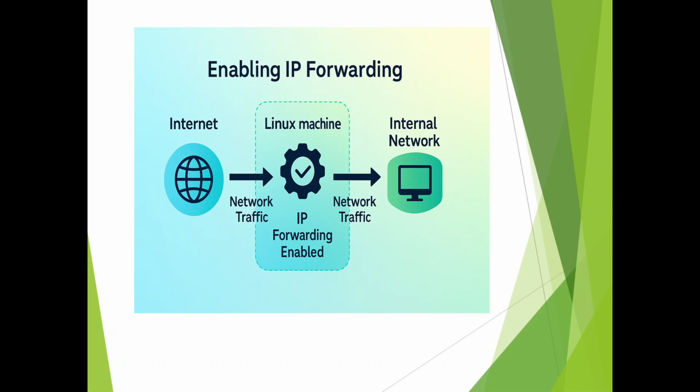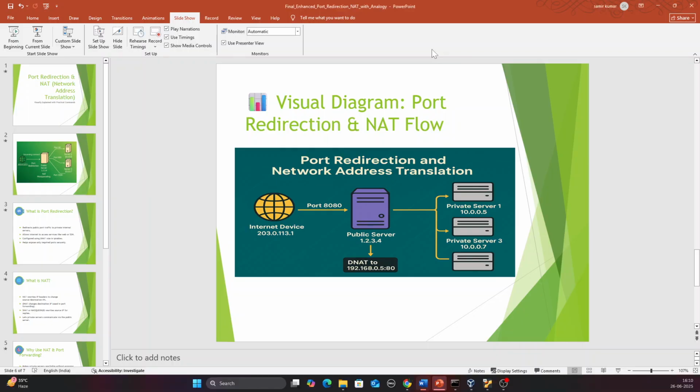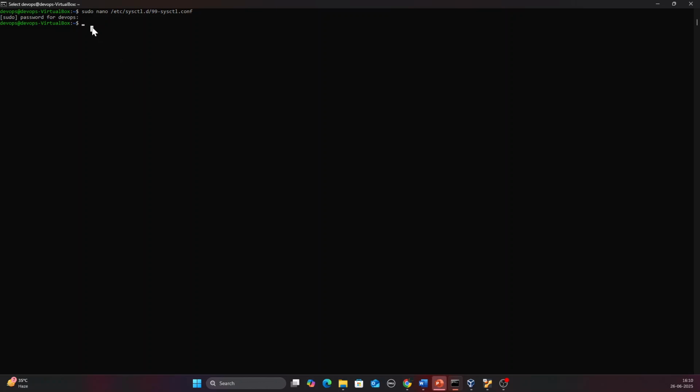So now we'll see how we can enable IP forwarding. Let's go to the Linux server. First I will increase the size. If we give this command, sudo, you can also use the vim editor or nano. I'm using the nano editor. So sudo nano /etc/sysctl.d/99-sysctl.conf.